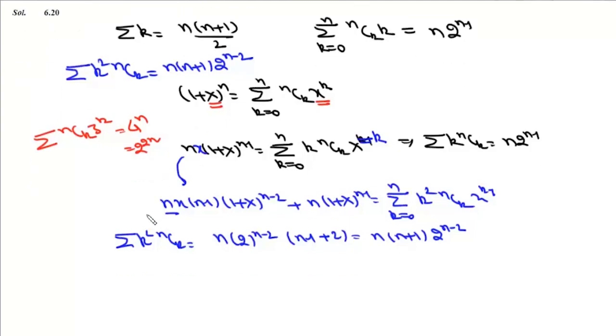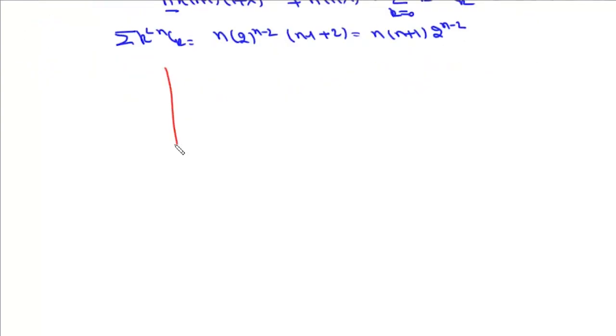Now we can write this determinant as this determinant, and here will be n(n+1)/2. Now this is n(n+1) 2^(n-2). Here will be n into 2^(n-1), and this one is 2^(2n).